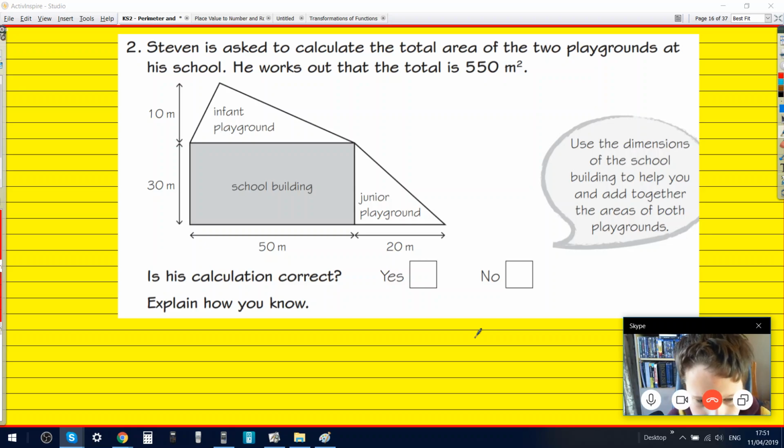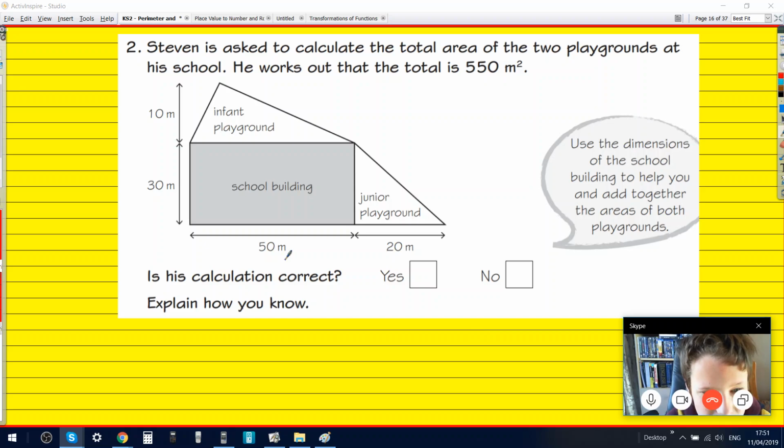So everything is in meters, but we don't have all of the information we need.